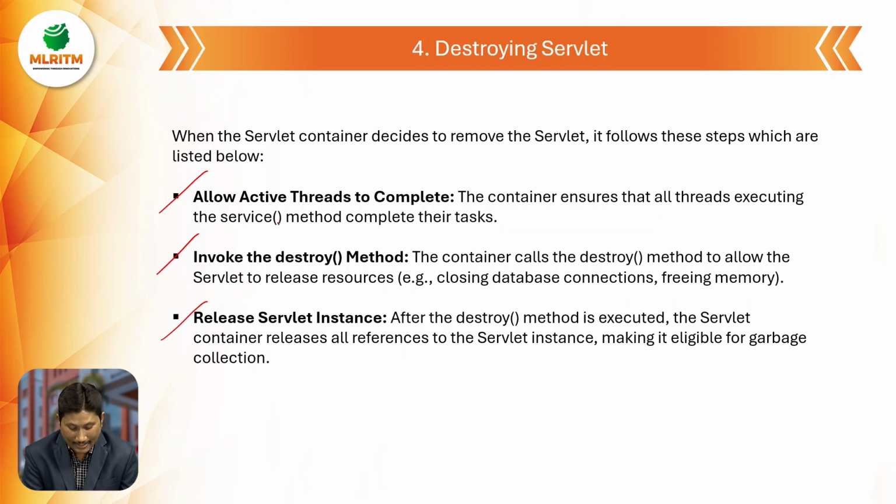Coming to allowing active threads to complete, the container ensures that all threads executing the service method complete their tasks. Next, invoke the destroy method. The container calls the destroy method to allow the servlet to release resources, for example, closing database connections and freeing memory.